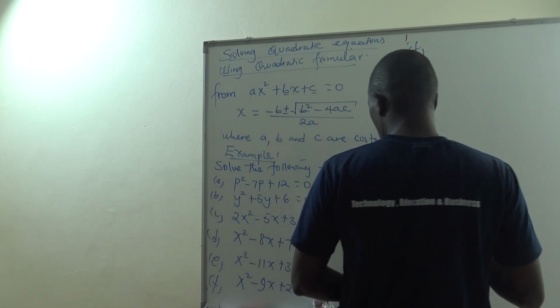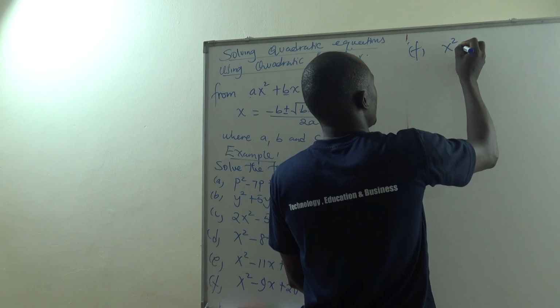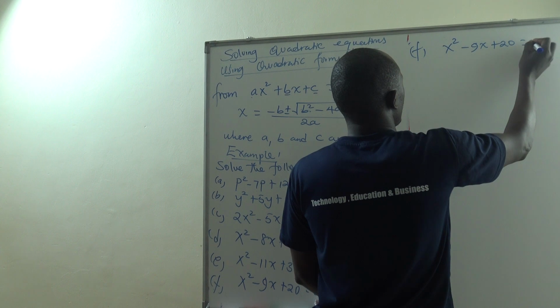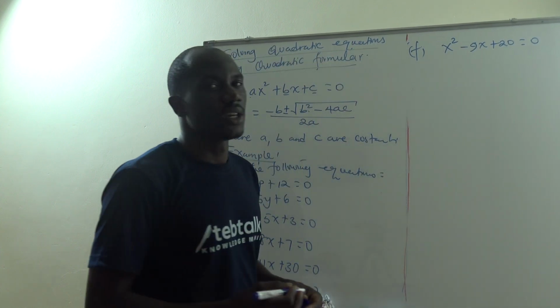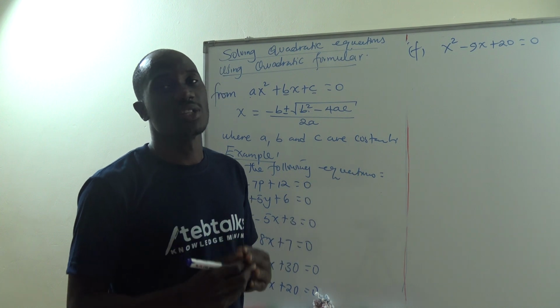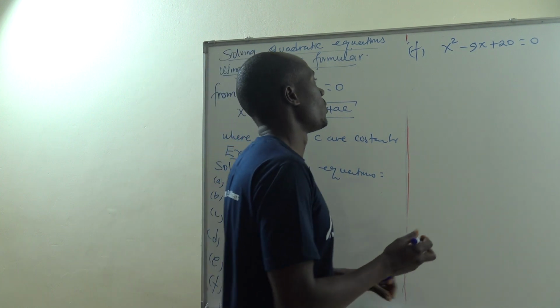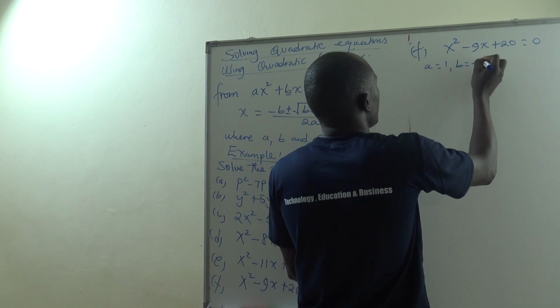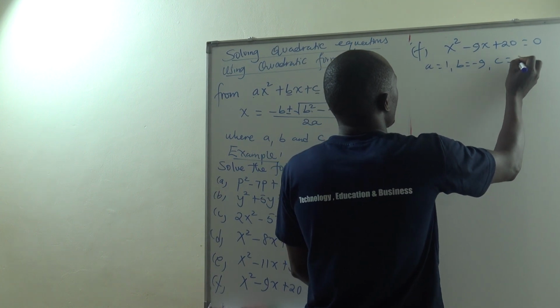Our part F goes x squared minus 9x plus 20 equals 0. The same story, comparing with ax squared plus bx plus c equals 0. So this one we're going to have our a is 1, b is negative 9, and our c equals 20.